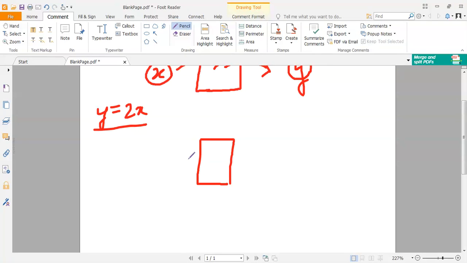If I pop in a number like 1, I get the output 2. If I pop in 3, I get the output 6. So essentially, my function is a machine which converts values of x to values of y.